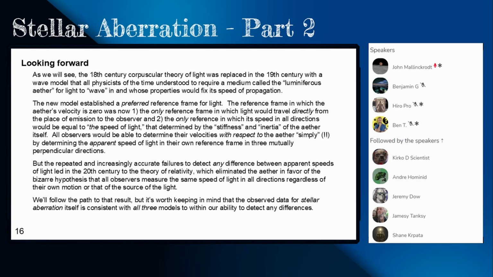Okay. And in fact, with good enough measurements, there really is now a speed of light, because the nice thing about the wave model is that it makes sense to talk about a speed of light, because the speed of light is determined by the stiffness and inertia of the ether itself, just like water waves are determined by a kind of stiffness and inertia conferred by gravity and the mass of the water.